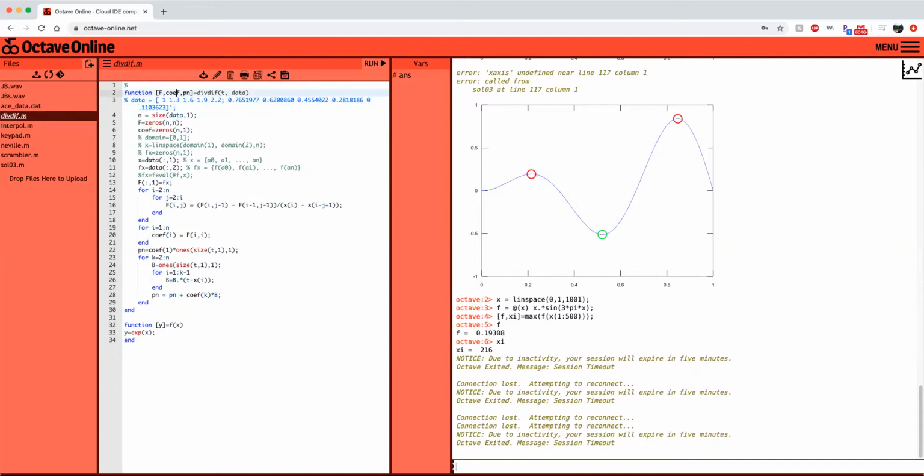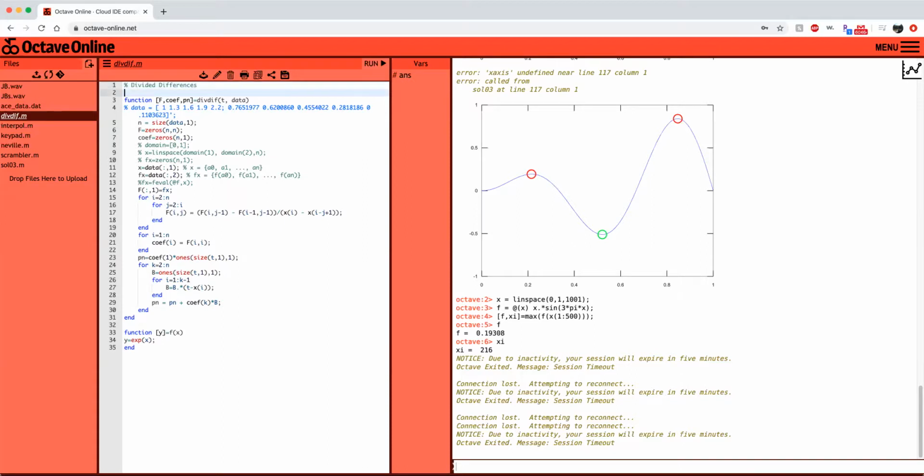Oh, sorry. So the input, I mean, let me write the name of the code, okay? Divided differences, okay? And the input is what? The x value, t, okay, which is the x value, okay?